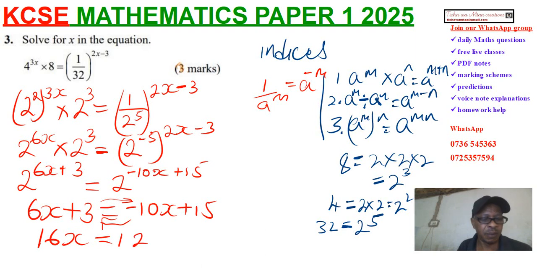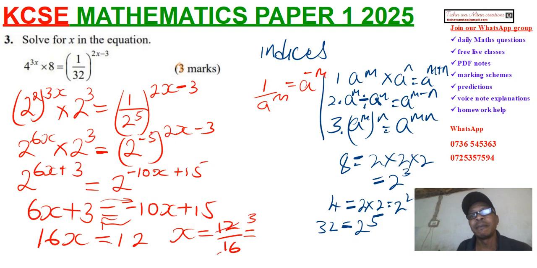So we can now get our x is equal to 12 divided by 16. We divide both sides by 4, you get 12 divided by 4 is 3, 16 divided by 4 is 4, and therefore we get our answer is 3 divided by 4.